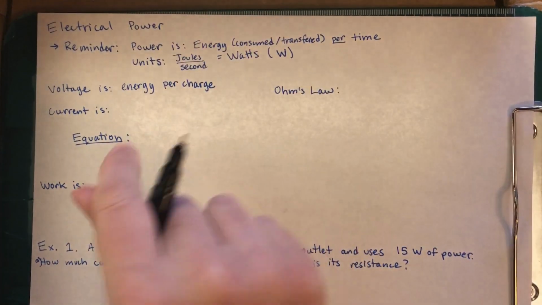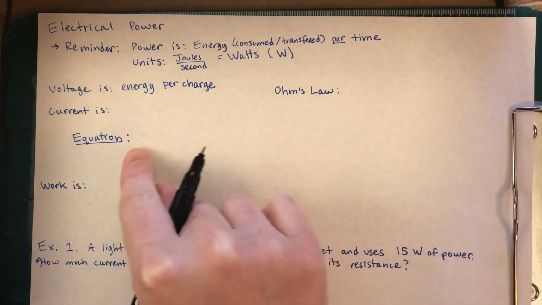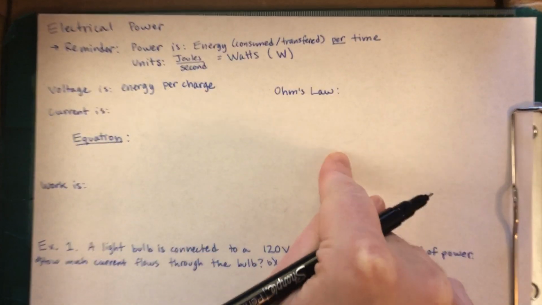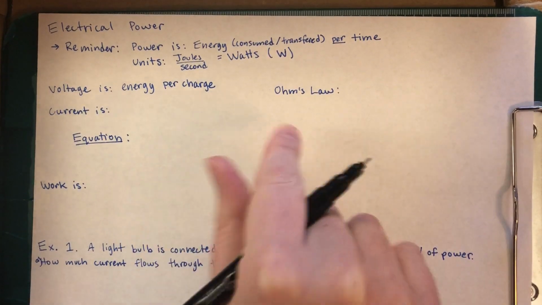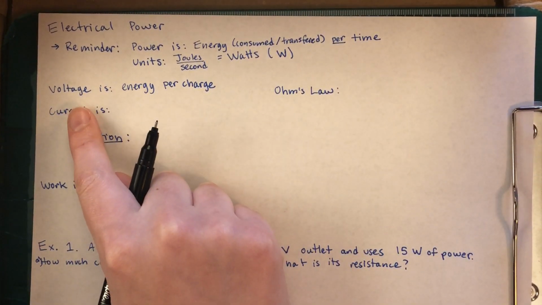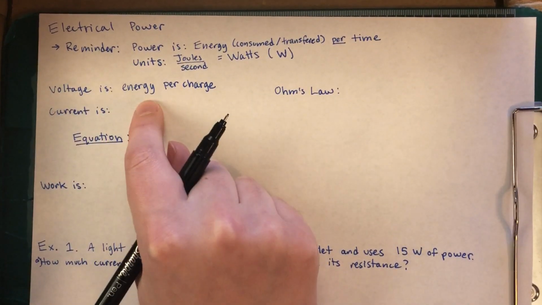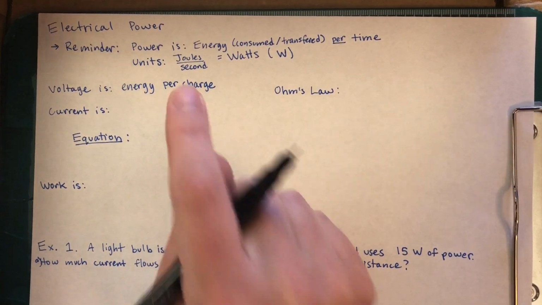And the magic square, as we go from potential energy to the per charge relationship, we get to voltage. In the same way that the electric field is the force per charge, the voltage or the potential difference or electrical potential, those are all the same thing, is energy per charge.